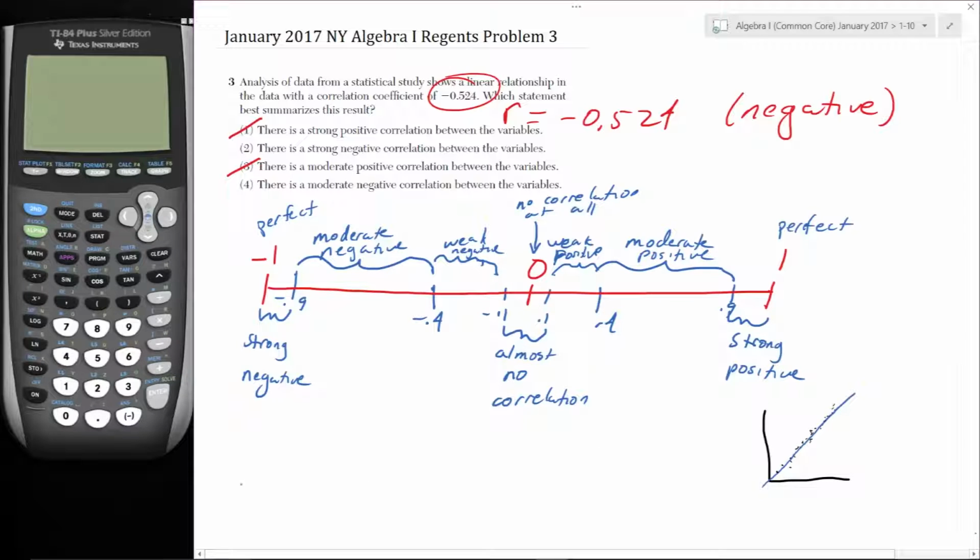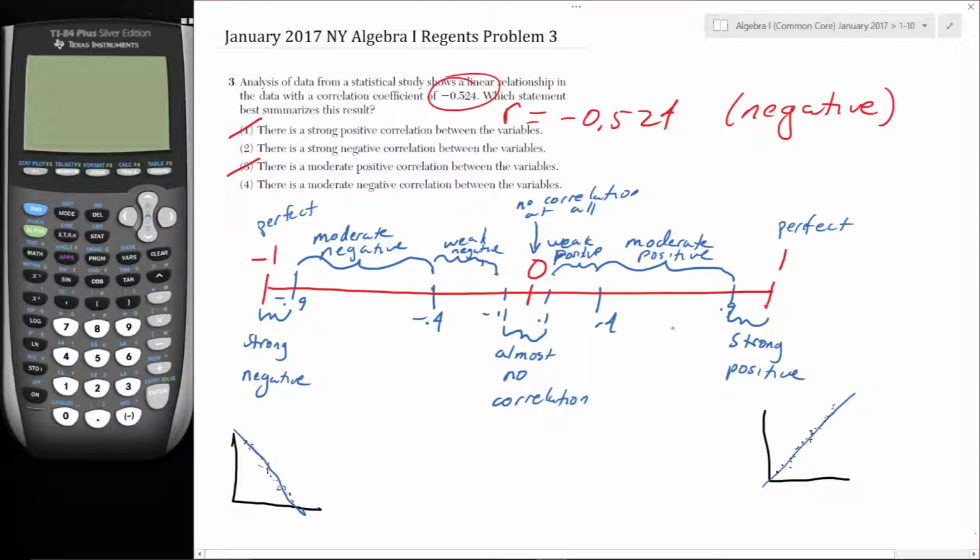A strong negative correlation has a negative slope, and the dots fit a very, very tight line going negative.